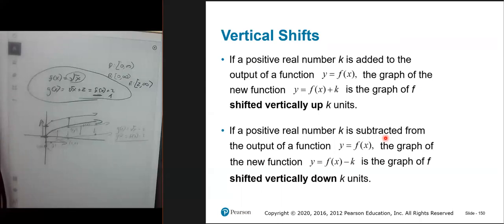If you're adding it, then it's a shift up. If you're subtracting it, then it's a shift down, that many units, whatever you're adding or subtracting. If I'm subtracting 3, then I'm shifting it down 3. If I'm adding 25, then I'm shifting it up 25. If I'm subtracting pi, then I move it down pi units.